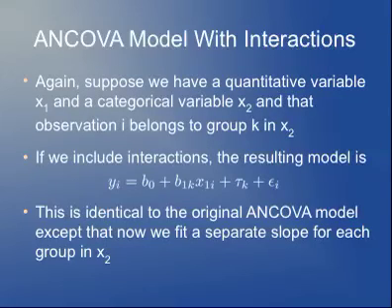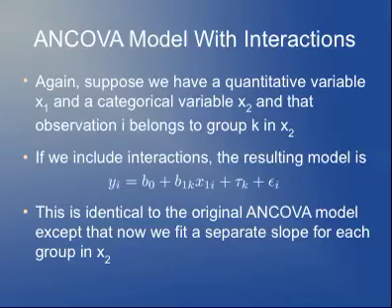So, the analysis of covariance model with interactions: once again, let's assume we have a quantitative variable x1, a categorical variable x2, and that observation i belongs to group k in x2. If we include interactions, the analysis of covariance model would be B0 plus B1.